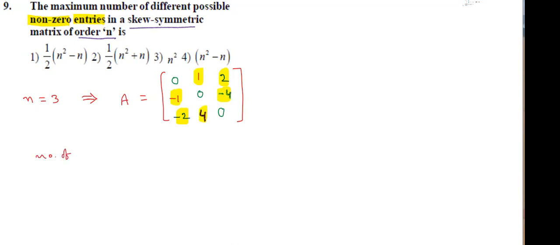Number of different possible non-zero entries. Zero cannot be counted. Non-zero entries. How many possible students here? That is 6.